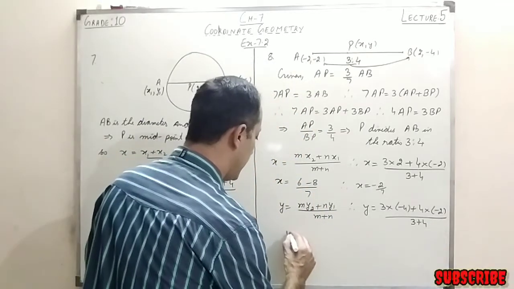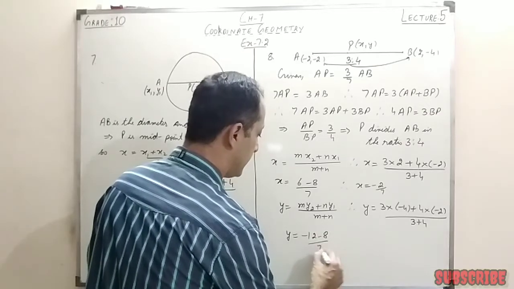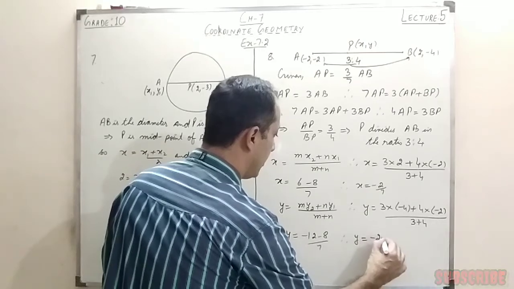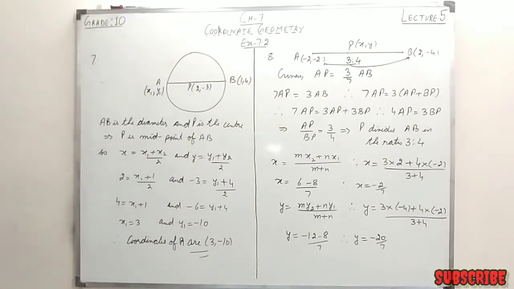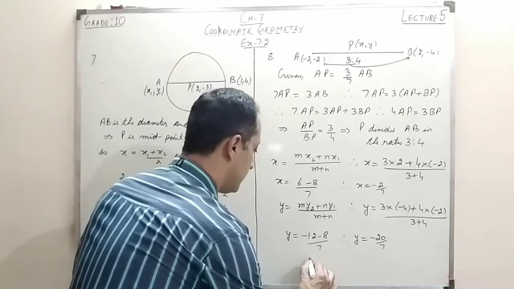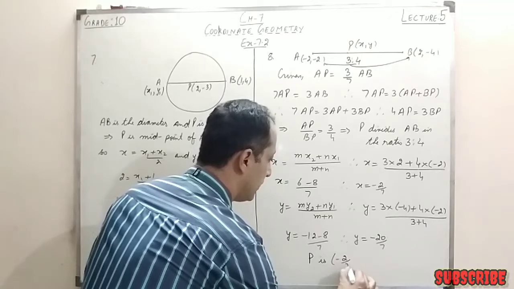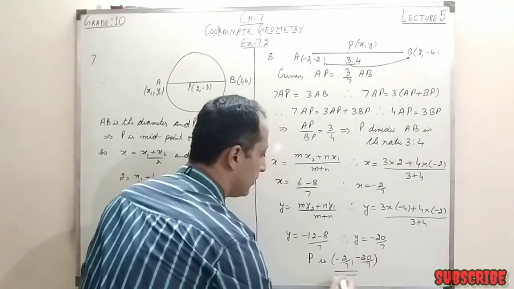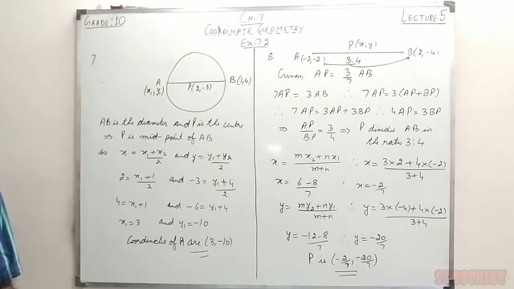So we get y equals -12 minus 8 upon 7. Therefore, y is -20 upon 7. It means the coordinates of P are (-2 by 7, -20 by 7). Right, so this is how we can find the coordinates. Now let's see the next question.